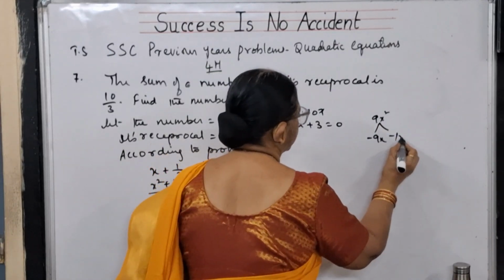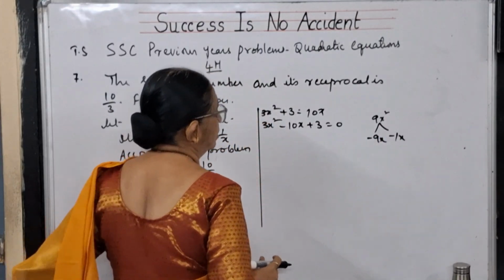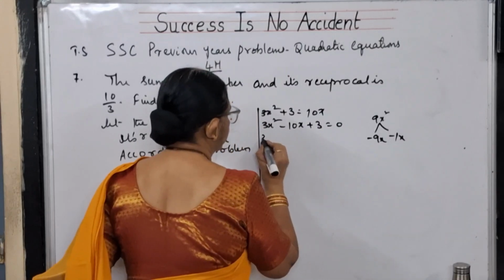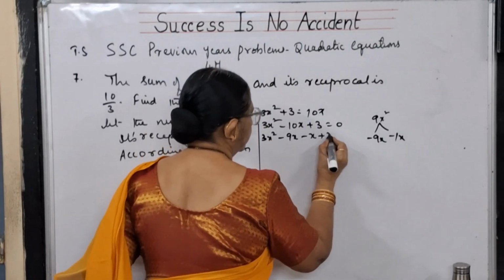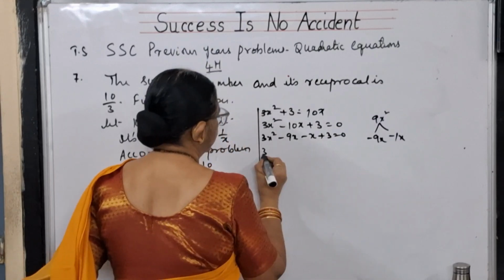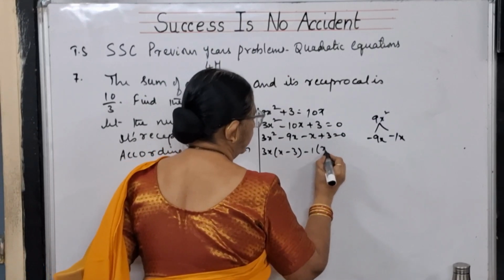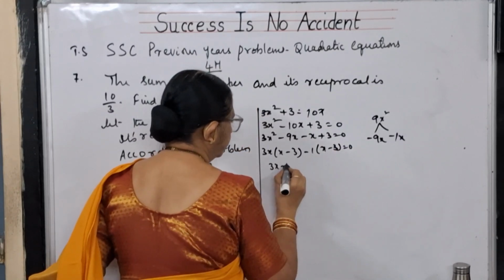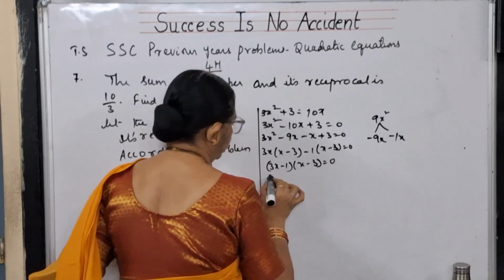If I add minus 9x plus minus 1x, I am going to get minus 10x. So 3x square minus 9x minus x plus 3 is equal to 0. So 3x into x minus 3 minus 1 into x minus 3 is equal to 0. So 3x minus 1 into x minus 3 is equal to 0.